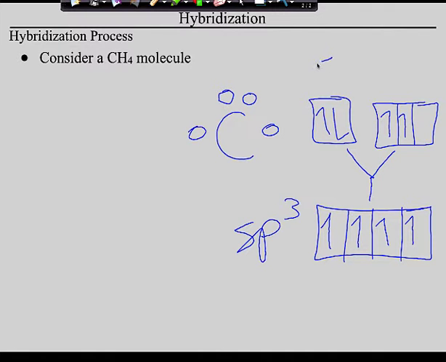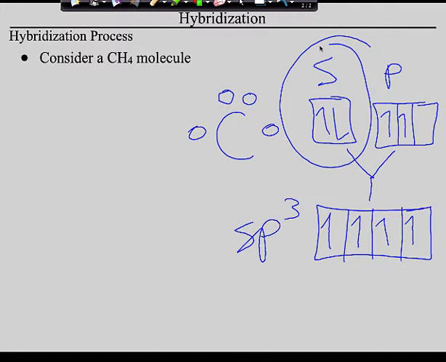So the S will always hybridize, and the P's can or will not hybridize depending on the particular molecule. And when the P's do not hybridize, they are available to form double and triple bonds. Exactly. So these numbers are telling you how many have hybridized.